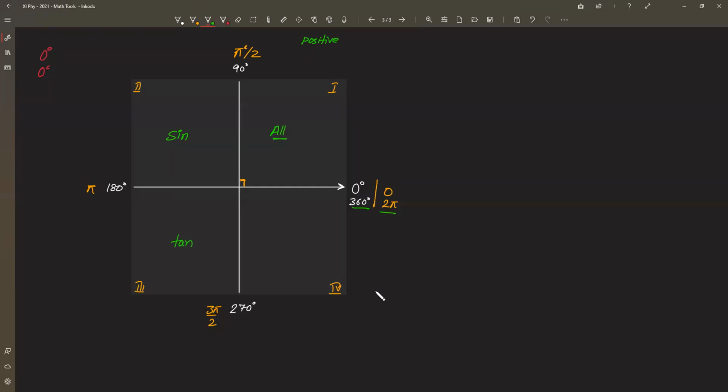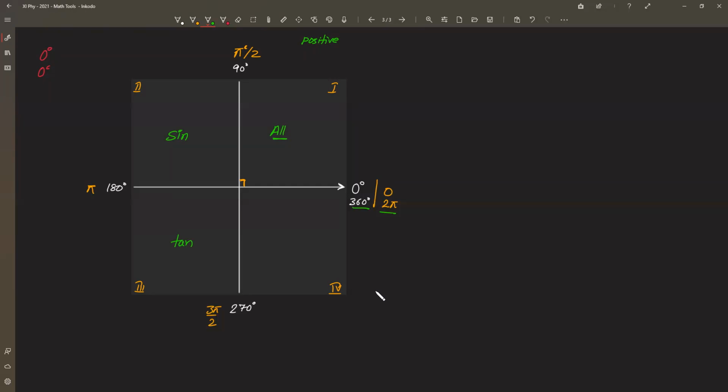And because tan is positive and cot is 1 by tan, so even cot will be positive. Everything else will be negative. Sine, cos, sine's reciprocal cosec, cos's reciprocal secant, all of them will be negative, right?